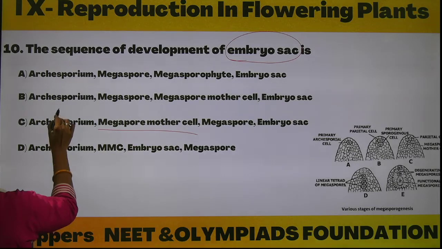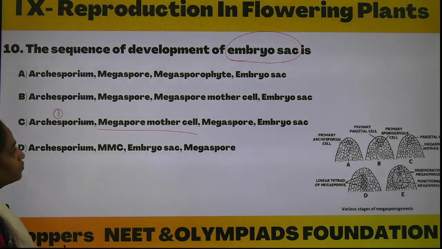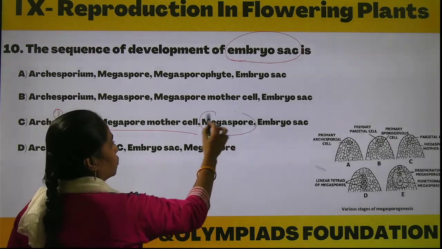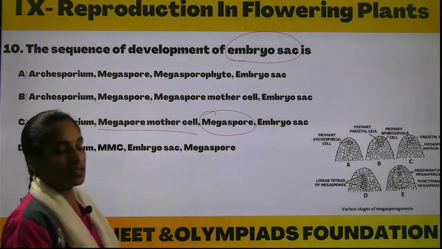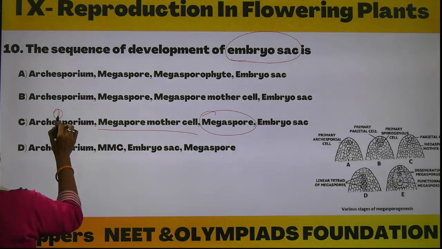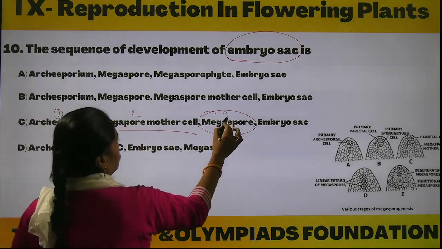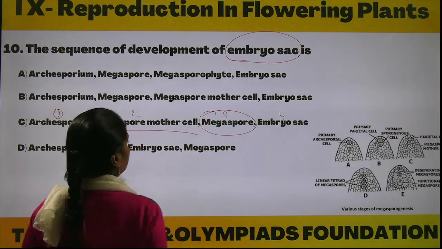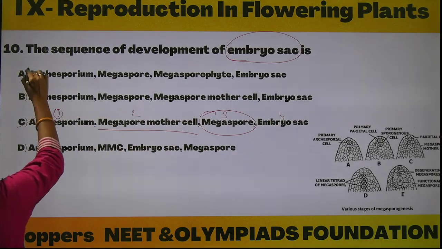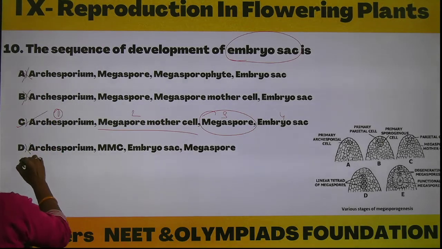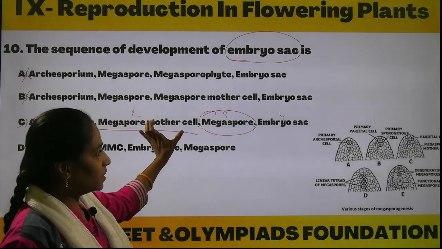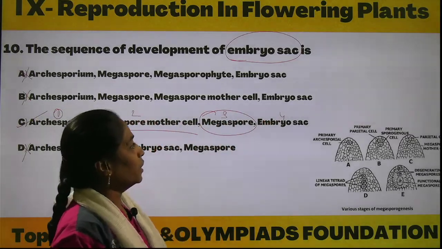Archisporium comes first, next the megaspore mother cell, next forms the megaspore, and next we can observe the formation of the embryo sac. First, second, third and fourth. Option C is the correct one. These other options are wrong. Understood? So Archisporium, megaspore mother cell, megaspore and the embryo sac.